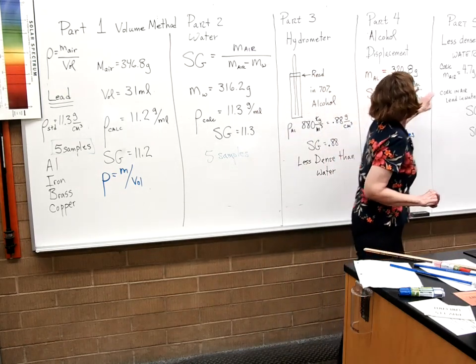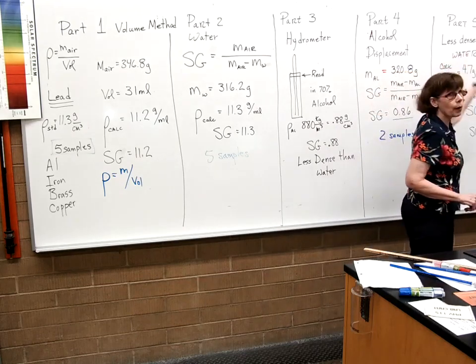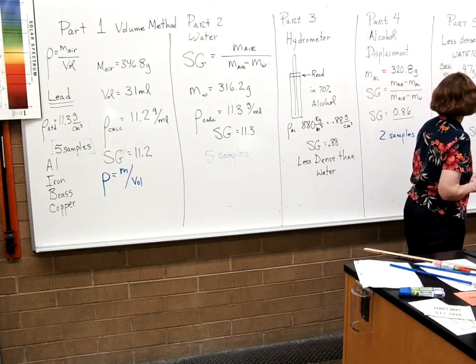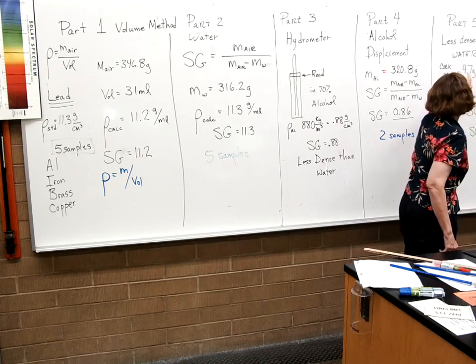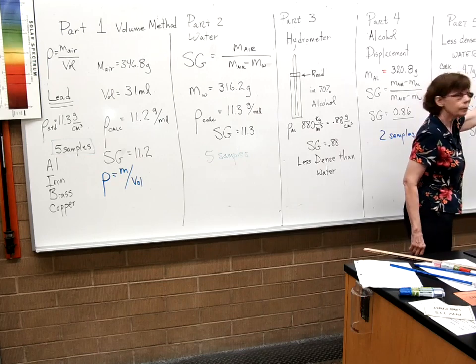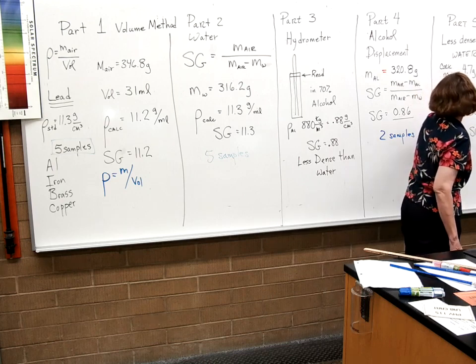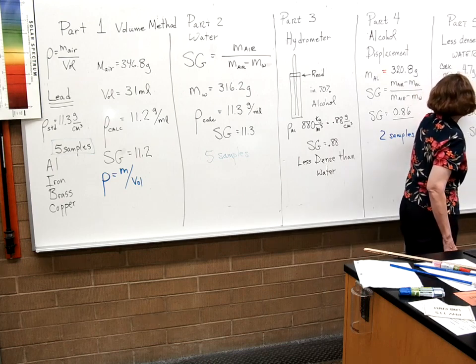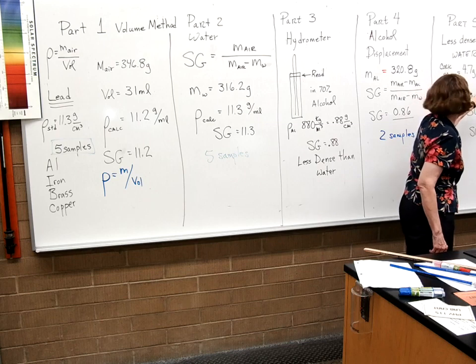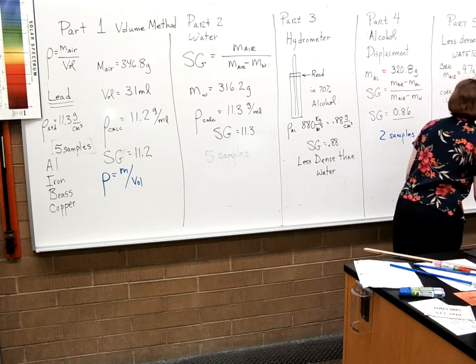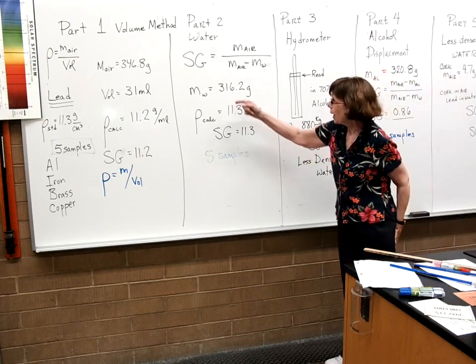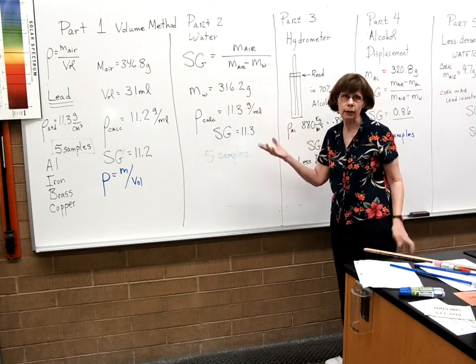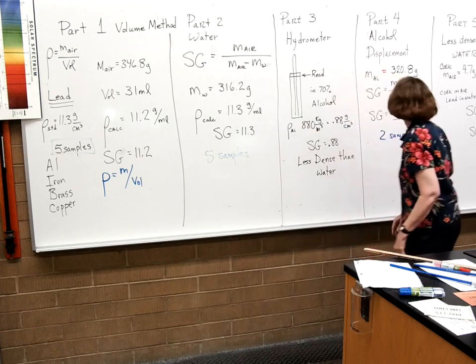Lastly, we have part 5, and this is where we have a sample less dense than water. And so we used the cork. We had 4.7 grams, and when we measured the cork in air and the mass in water, we got 19.7 grams. Ideally, it should be the mass of the cork in air and this mass, but it's a little less for whatever reason.